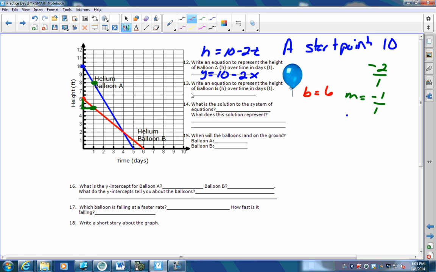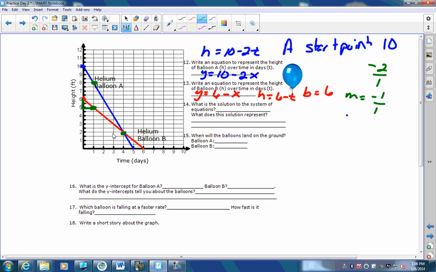So my equation for balloon B is y equals 6 minus 1x, or if I did h, it'd be h equals 6 minus t. Either way you could write it. Now, it says, what is the solution to the system? I want you to put a dot where the 2 lines intersect. Right here.